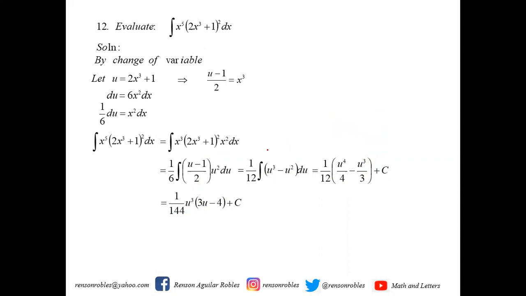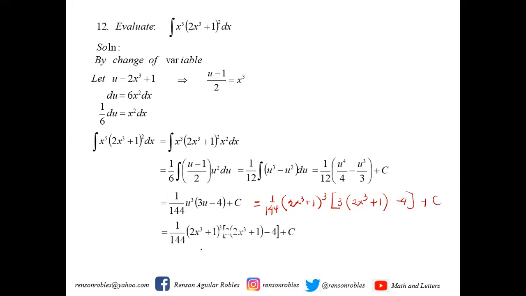And then the next thing you need to do is to write it back to the original variable. So you got 1 over 144 times u, which is 2x cubed plus 1 to the third power, times 3 times u, which is 2x cubed plus 1, and then minus 4, and then you add c at the end. And then to simplify, you just simply multiply 3 to each term inside.